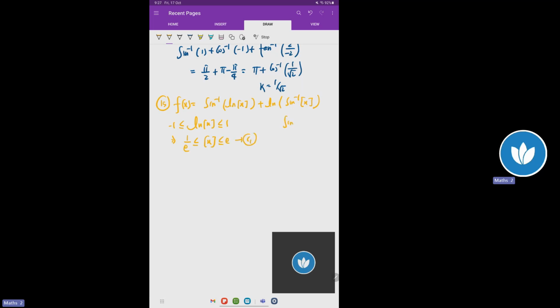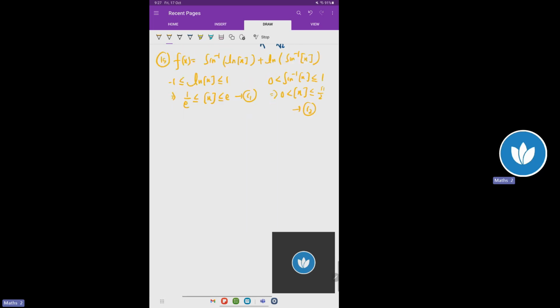Now whatever is inside ln has to be positive actually. But since sine inverse itself can't take a value beyond pi by 2, this is our desired quantity. So here also x can take values from 0 to pi by 2. This is your condition 2.